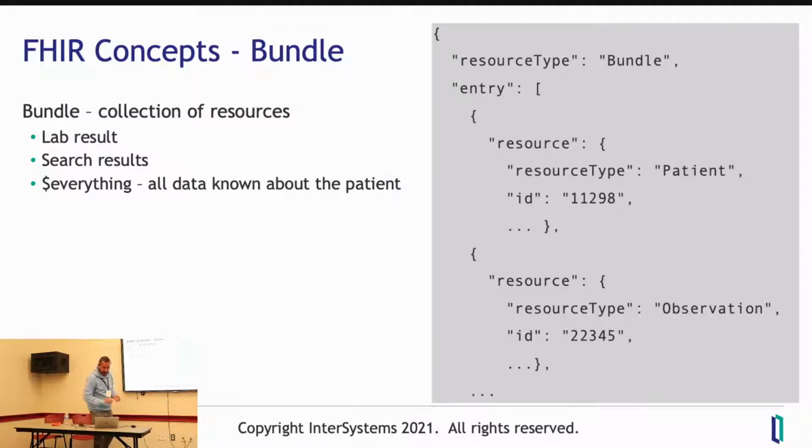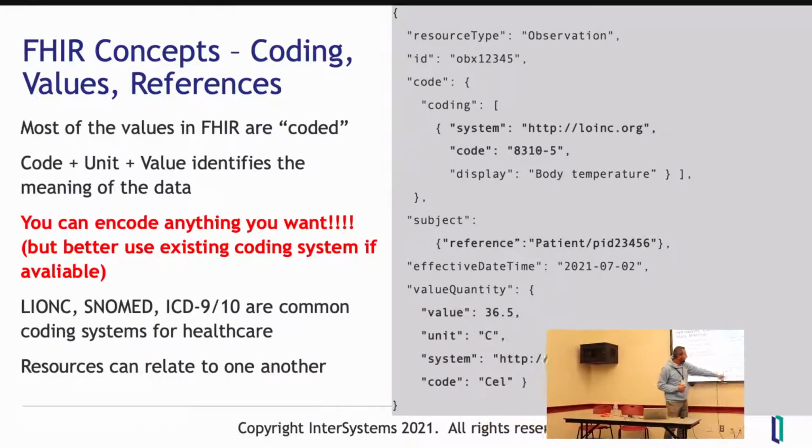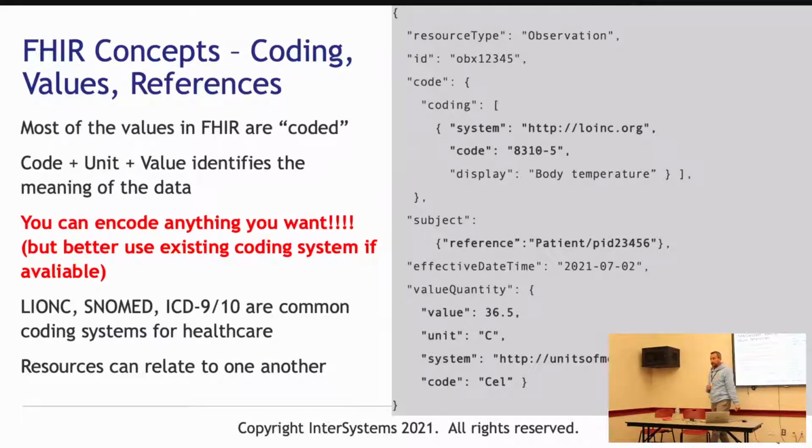And a couple of last concepts that you might need to know about FHIR. Gender and date of birth are actually exceptions for FHIR. Most of the values that you see in FHIR are coded values. They're not just a value that can be X or Y, they are a value that belongs to a certain coded system. This one is an observation about body temperature. That's already a coded value.